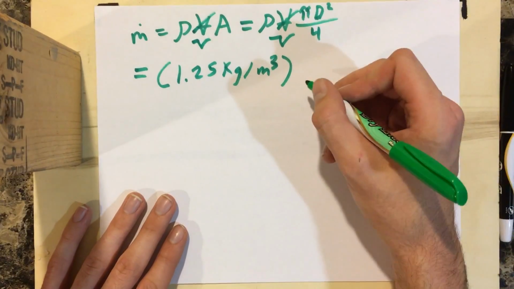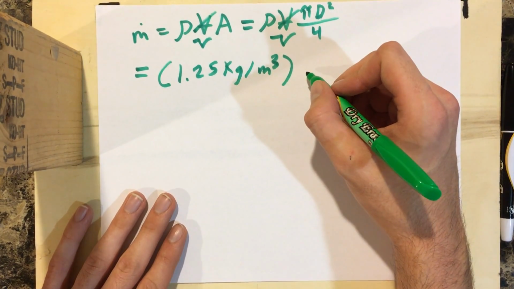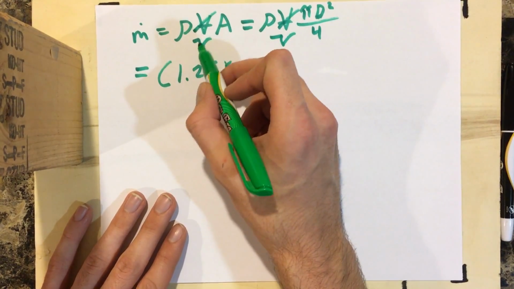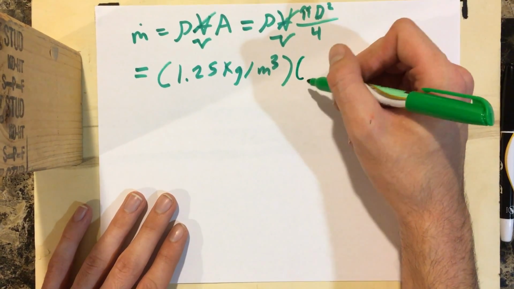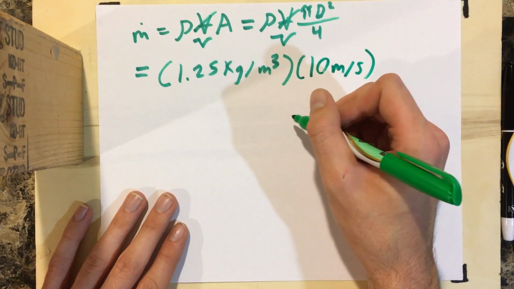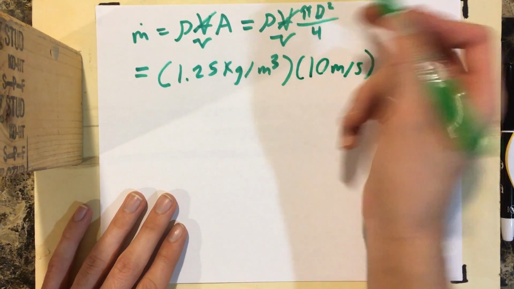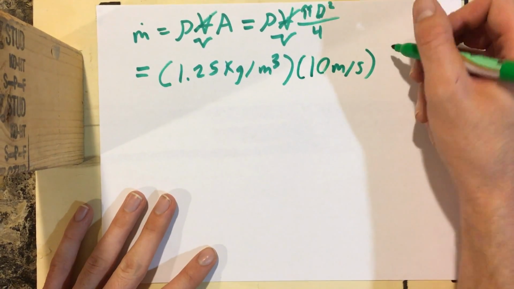I didn't need to have different V's. I was so focused on making you guys not confused, I just confused you. This is actually velocity, not volume. I apologize. But that doesn't affect the problem yet, because it's 10 meters per second. We don't need volume for this.